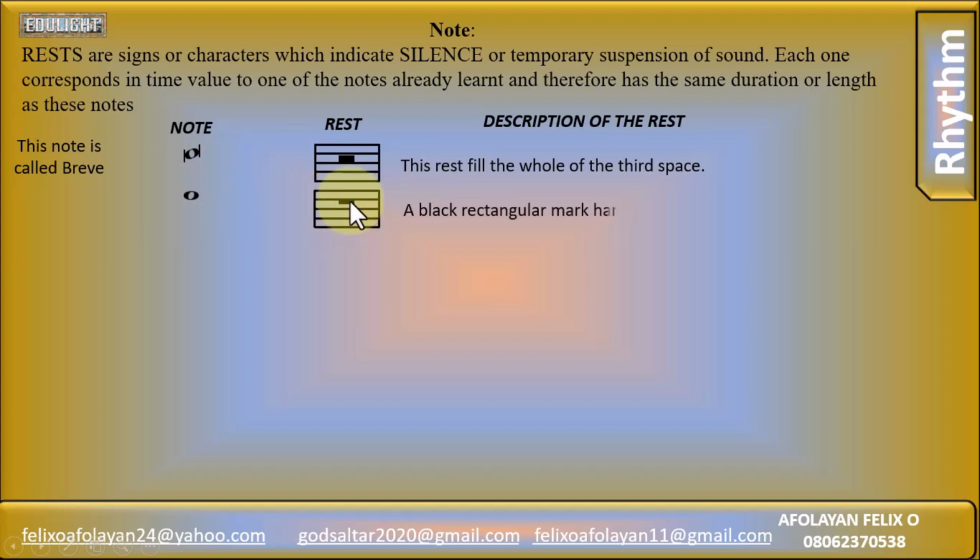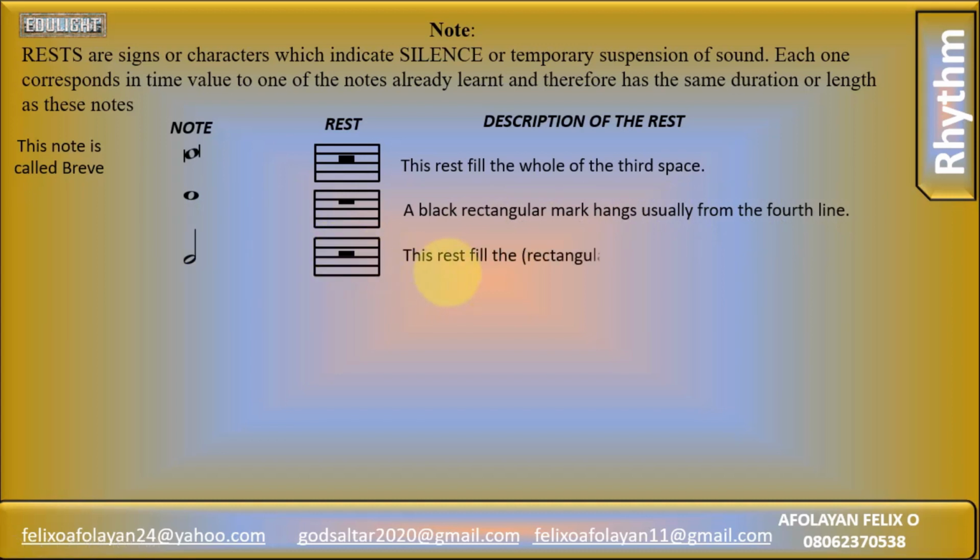You can see the rest sign, a black rectangle hanging usually from the fourth line. It hangs on the fourth line. This is the symbol for the rest. This rest is a filled black rectangle mark.